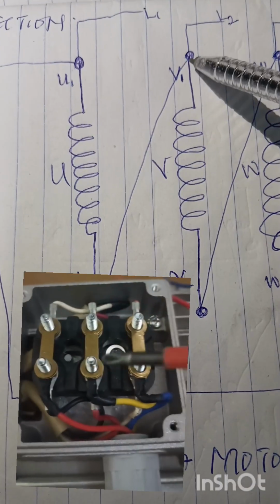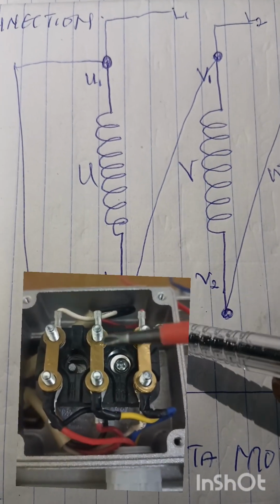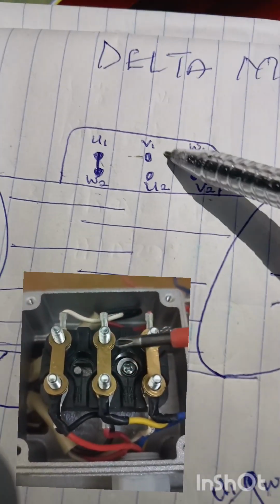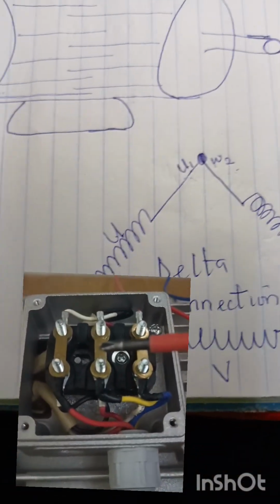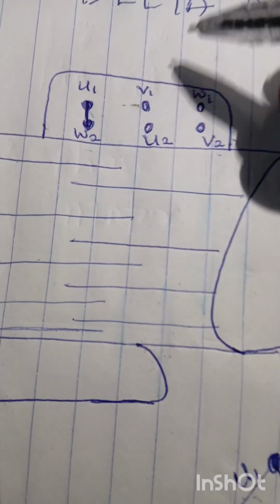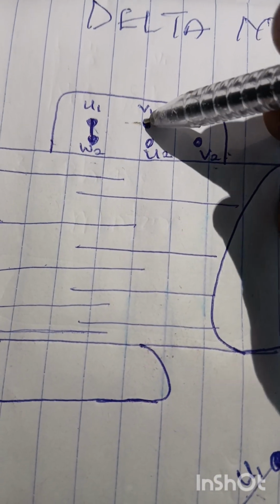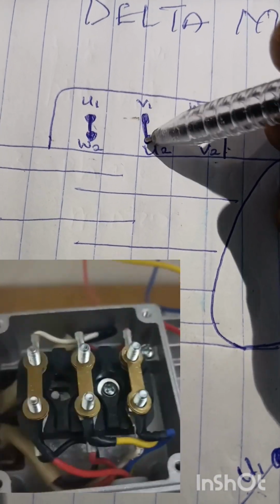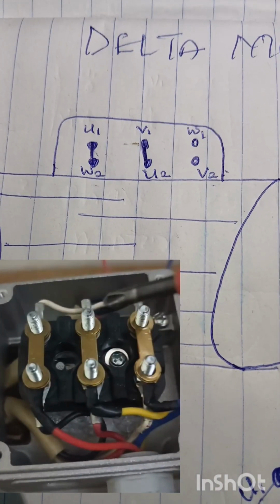Now the second one here, which is V1 linked to U2. See, V1 linked to U2. Let us also check it here. V1 linked to U2. So we come here, you get your jumper just the same way I'm showing you with the video. Have you seen it?